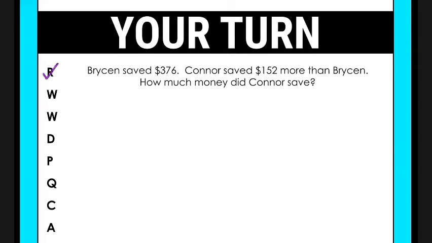And now let's go to our first W. The first W stands for who. So who do I have in this problem? I have two people. I have both Bryson and Connor. So you'll see on your worksheet, I already have both of their names written down. So I'm going to write it on here.